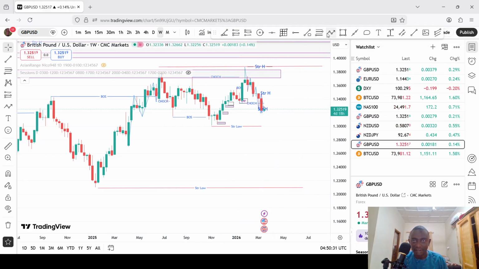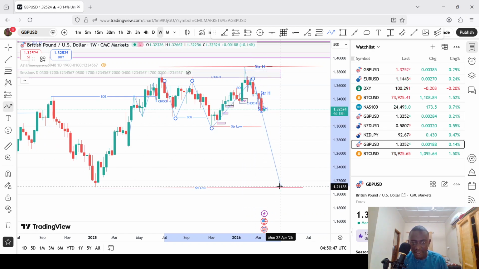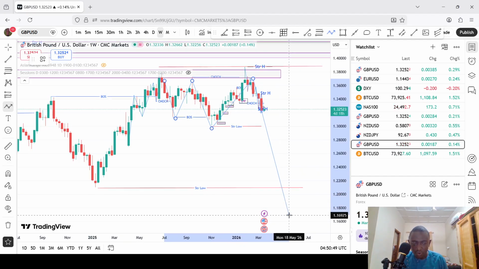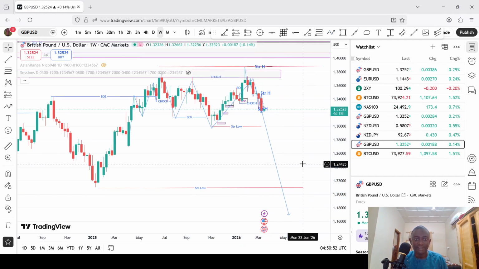You understand? We are expecting price to push more down. So like this, then price came sweeping liquidity. So we are expecting price to at least come all the way to the low or go below it, something like this.